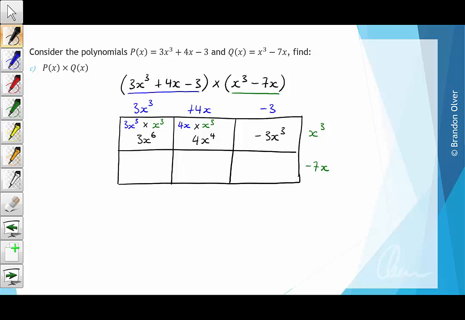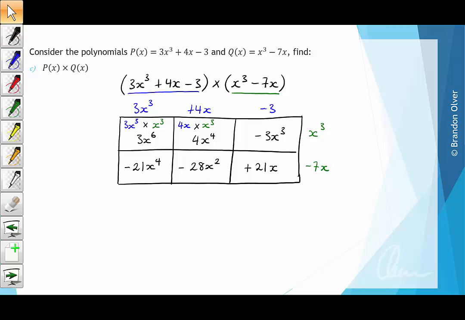Then we have 3x cubed multiplied by negative 7x, which will give minus 21x to the power of 4, plus 4x multiplied by minus 7x will give minus 28x squared. And then finally, minus 3 multiplied by minus 7x will give positive 21x.